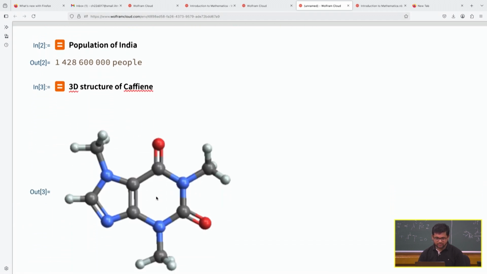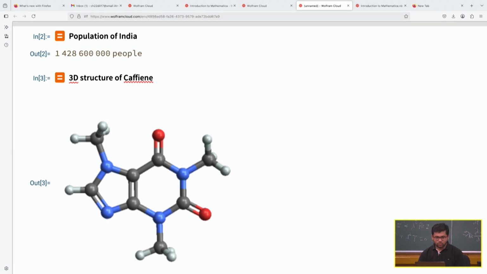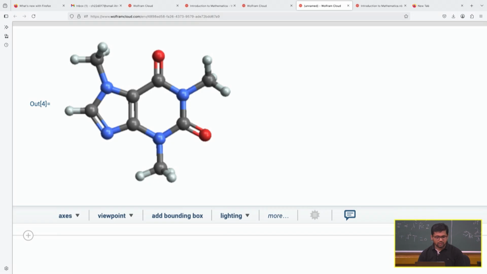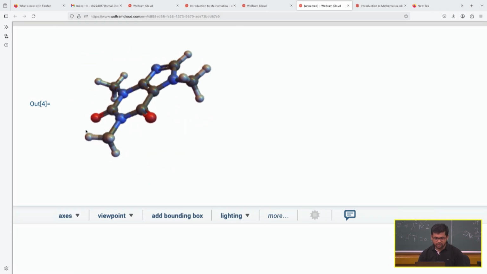So, it gave me the structure of caffeine. Even though I wrote caffeine with a wrong spelling, still it gave me the structure of caffeine. So, that is how strong or powerful Mathematica is. You can even rotate it, you can see the 3D structure of caffeine.